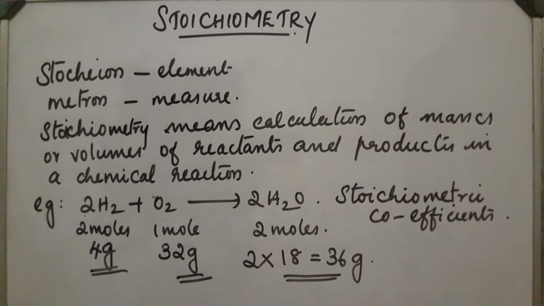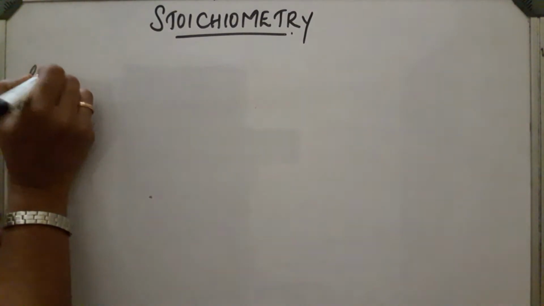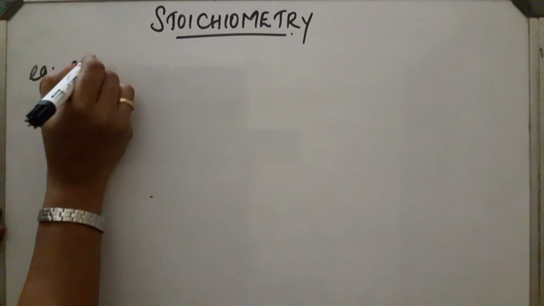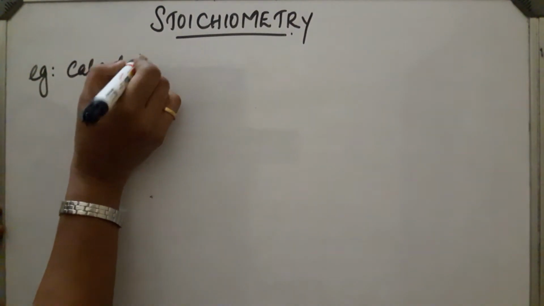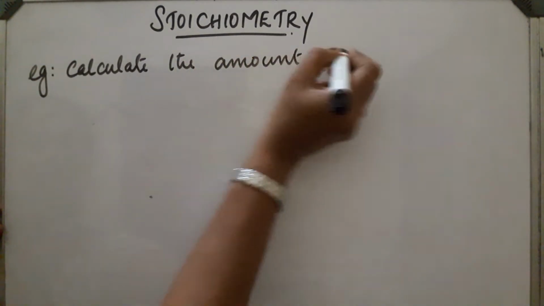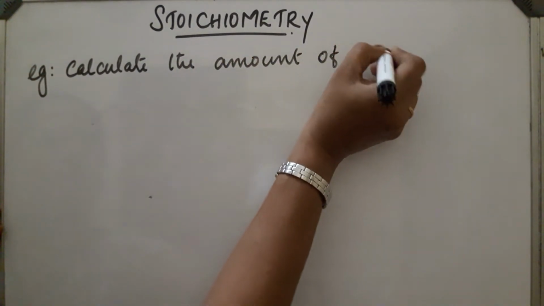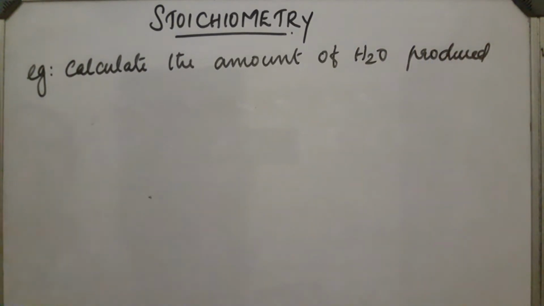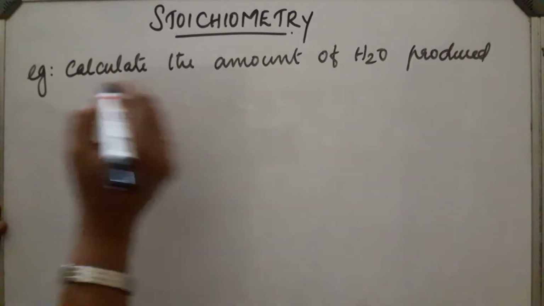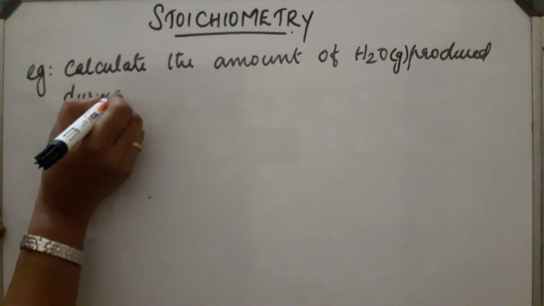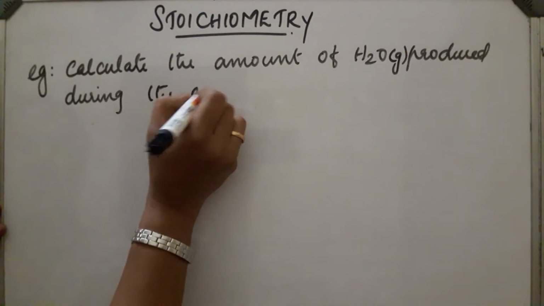Okay. Take another example. Calculate the amount of water produced during the combustion of 16 gram methane.